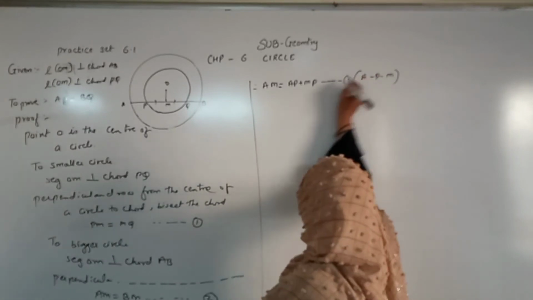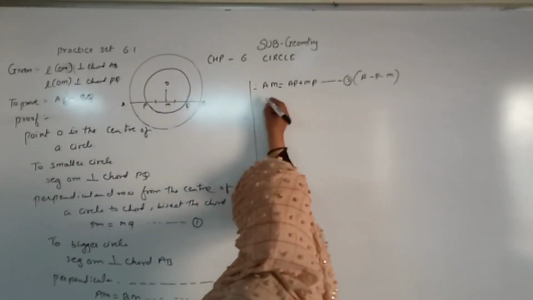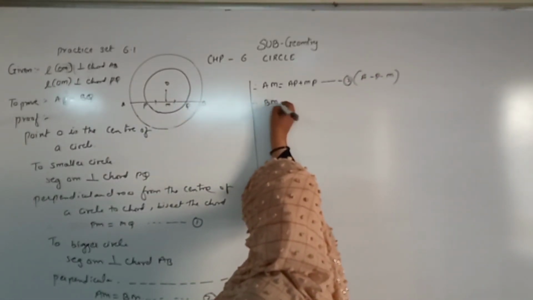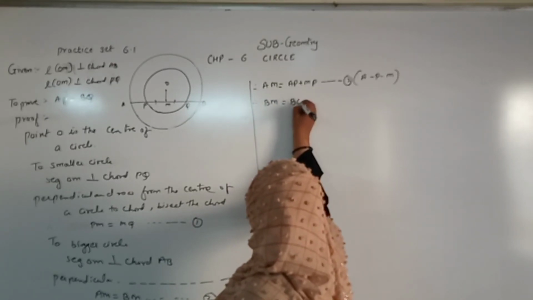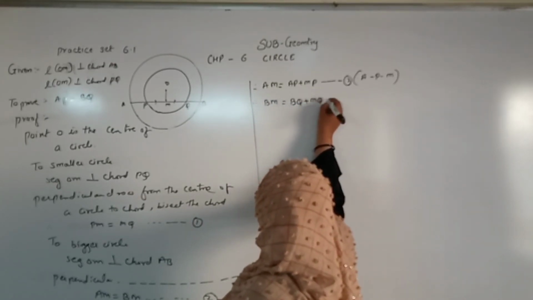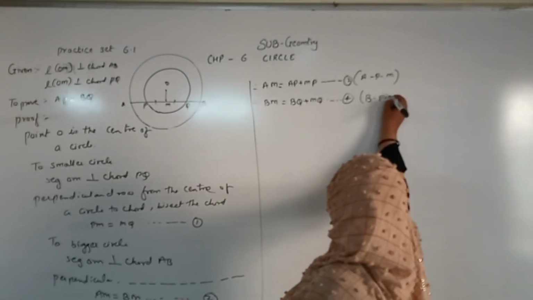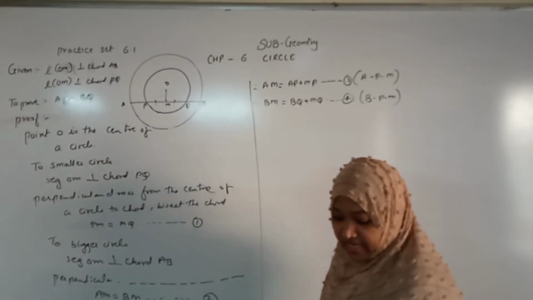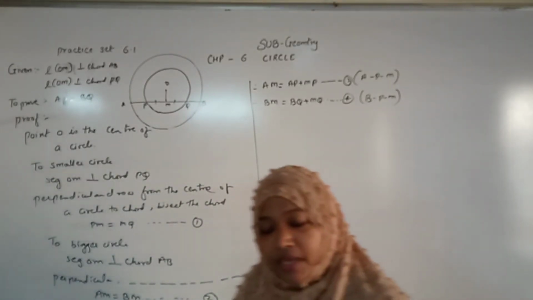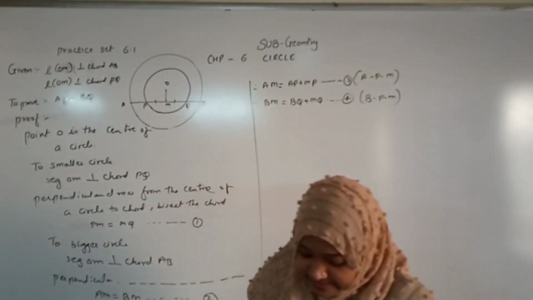Now अगर मुझे BM बनाना है तो ये भी होगा ना, BQ plus MQ, and equation number 4. और ये क्या होगा? BQM एक लाइन में होगा. आप जैसा लिखना है वैसा लिख सकते हो.